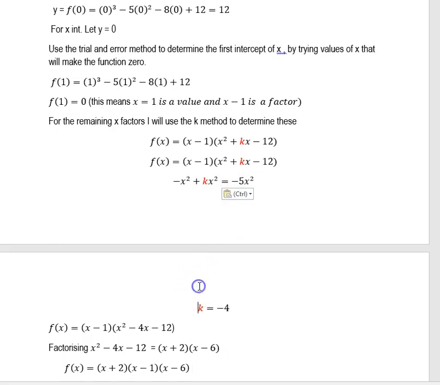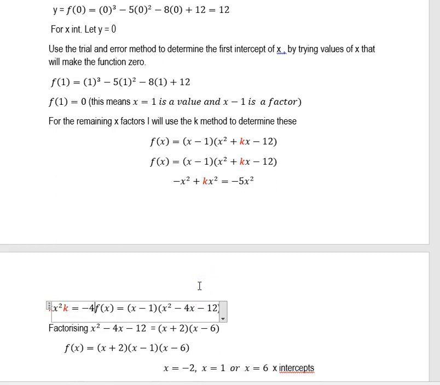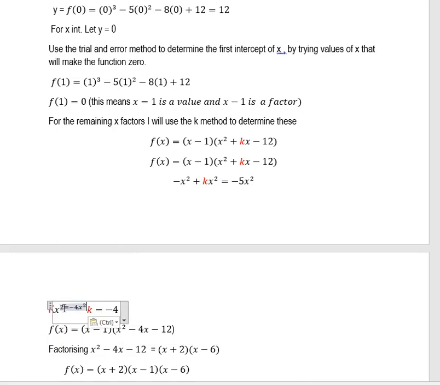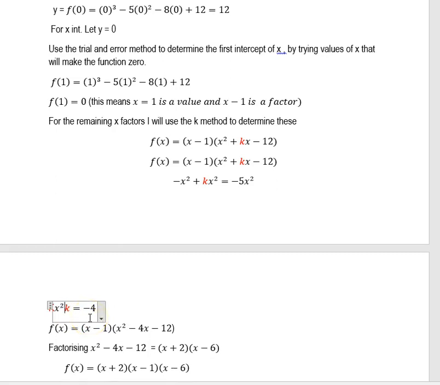So I'll be having kx squared equals negative 4x squared. Just like that. Let's do it well. Equals negative 4x squared.